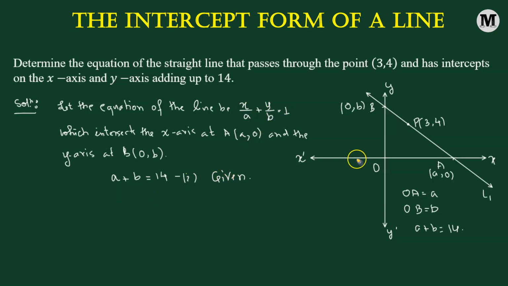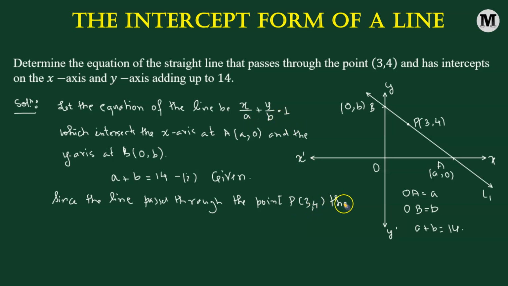Now it's given in the problem that the straight line passes through the point (3, 4). Since the line passes through the point P having the coordinates (3, 4), this must satisfy the equation of the line.